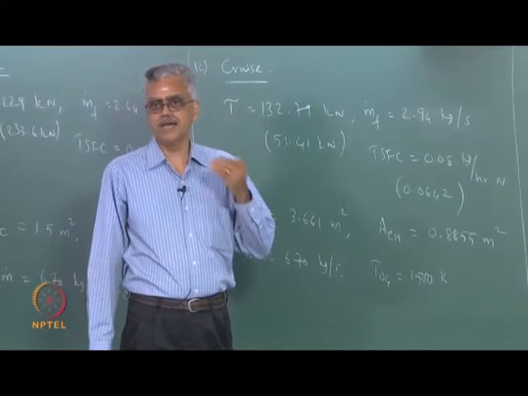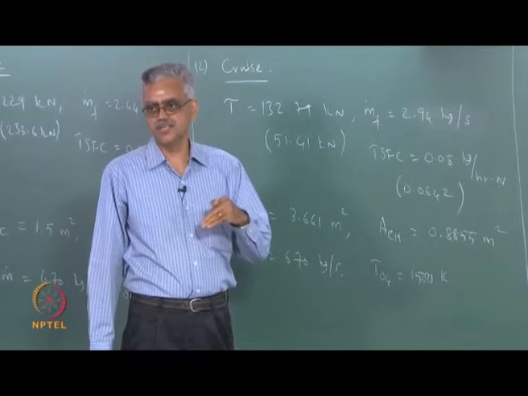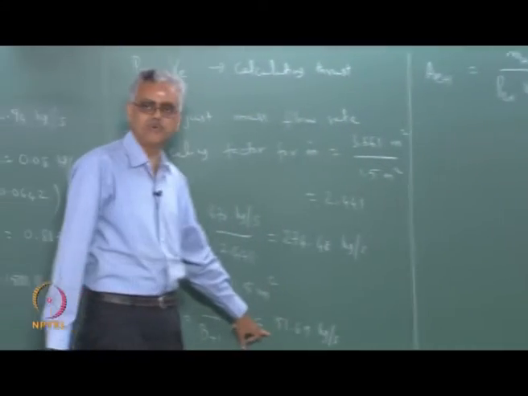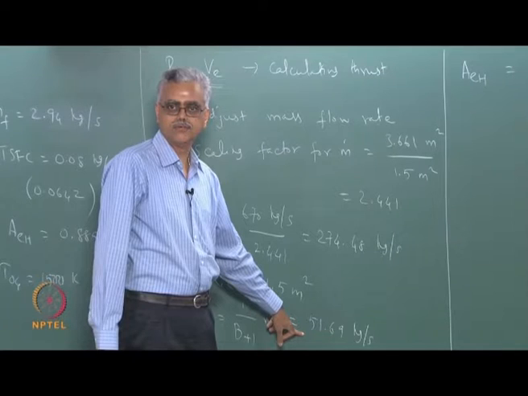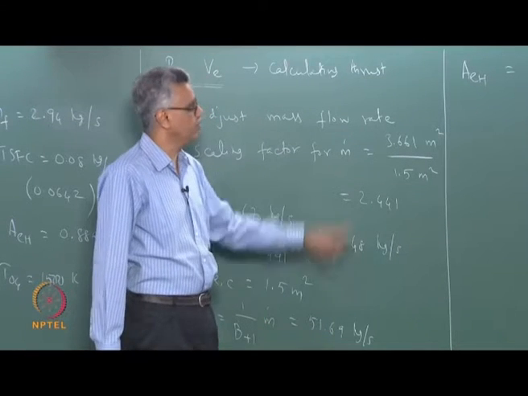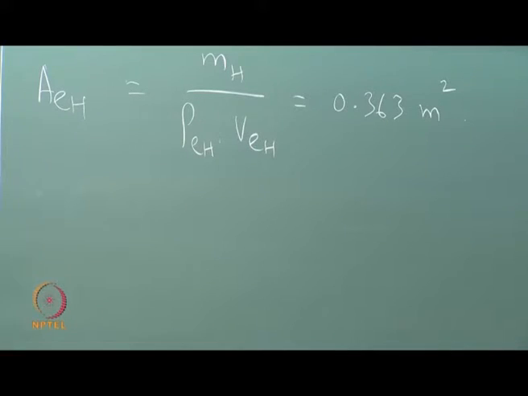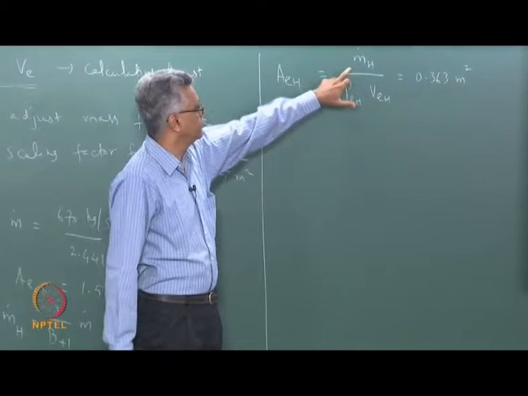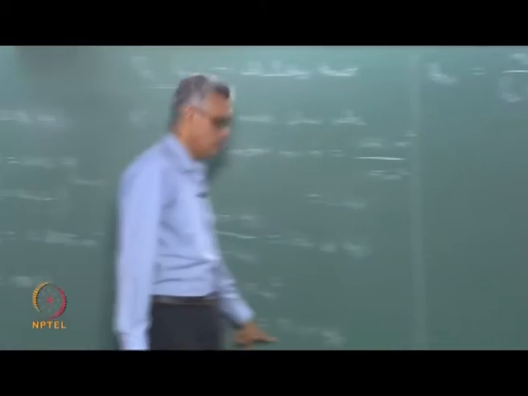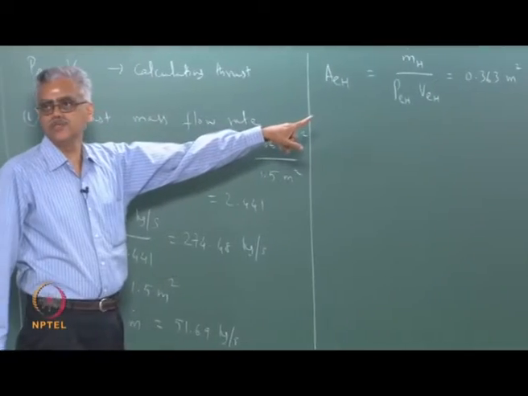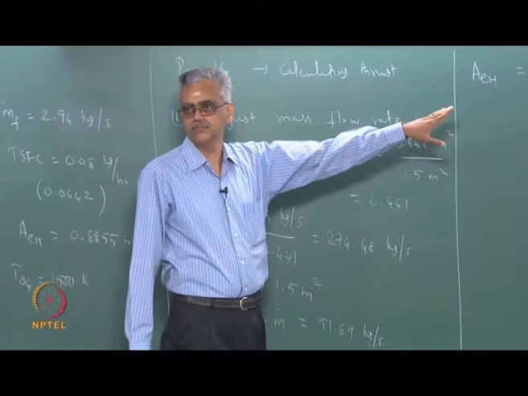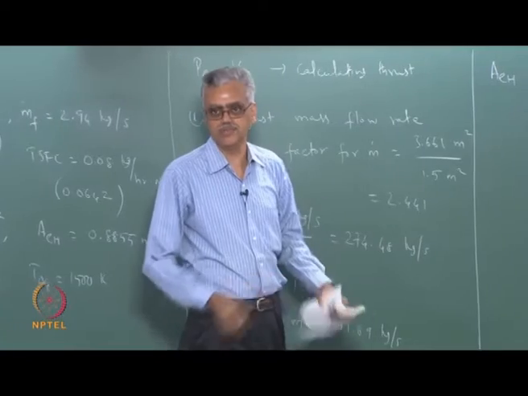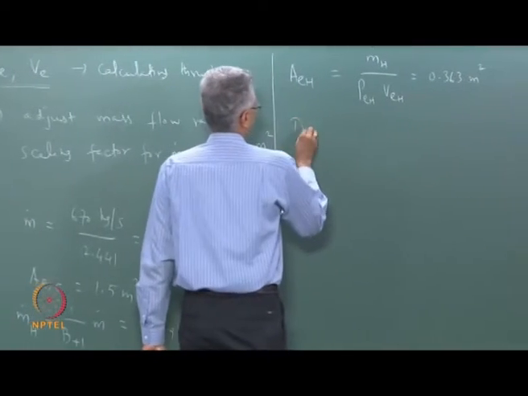So we have to determine a value for T04 such that, with the mass flow rate fixed at 51.69, we find a stagnation temperature which gives rho EH and AEH such that when I substitute m dot h equal to 51.69, I get the area to be 0.511 meter square. Now we have to start changing thermodynamic properties. So let us summarize this.